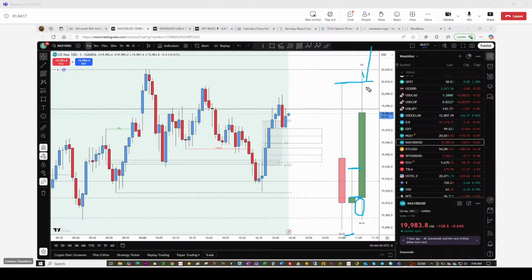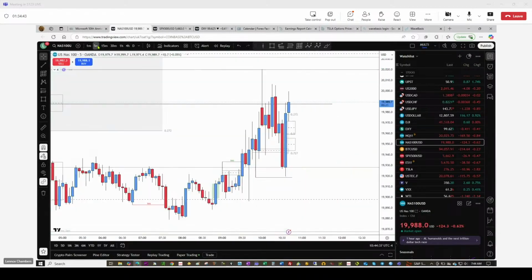We're getting a pullback here, but do we continue pushing up to take out the high, or what here, right? So I'm looking for them up for a little bit of a pullback here still, and then a continuation. So you can see we've just been chopping here, right? Very choppy affair.